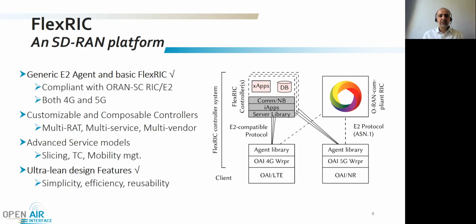The FlexRIC controller is designed to be customizable and composable for multi-RAT scenarios, for multi-service scenarios, and multi-vendor scenarios. We are envisioning to implement advanced service models, both at the agent and the controller, such as slicing, traffic control, and mobility management, similar to what existed before to some extent on the FlexRAN platform.